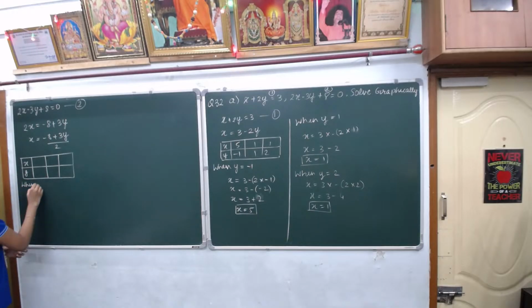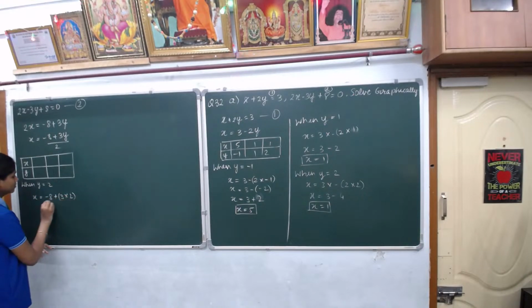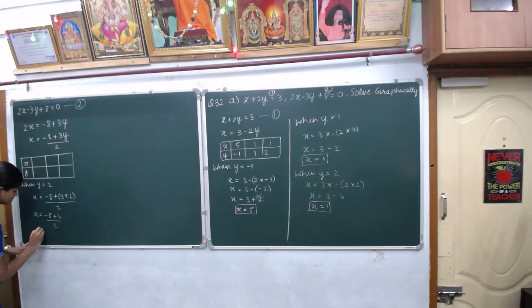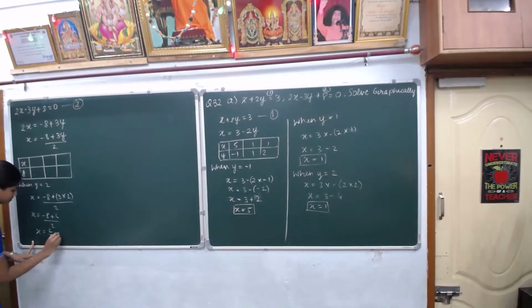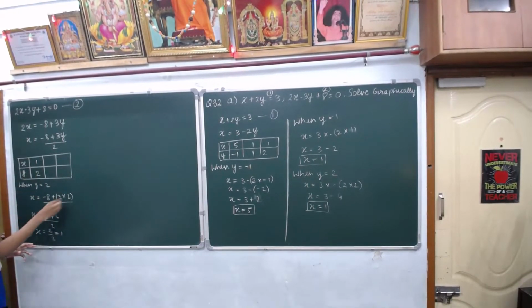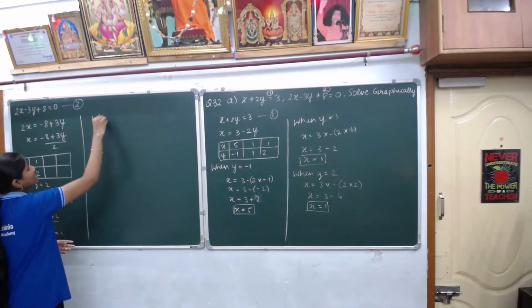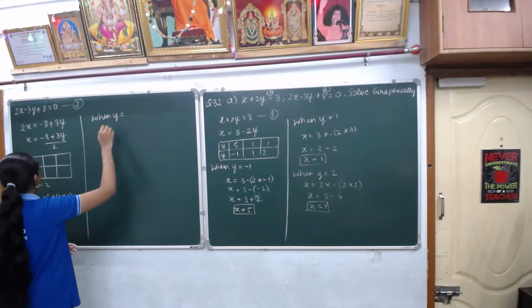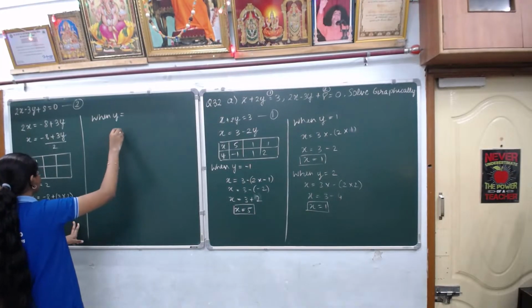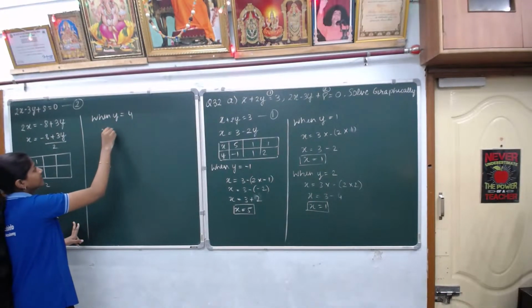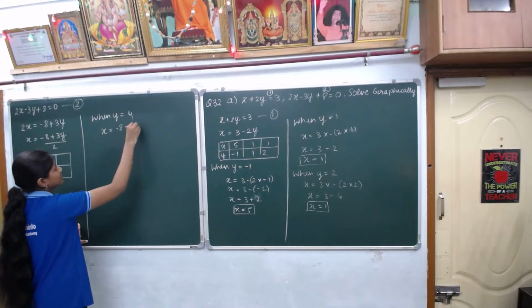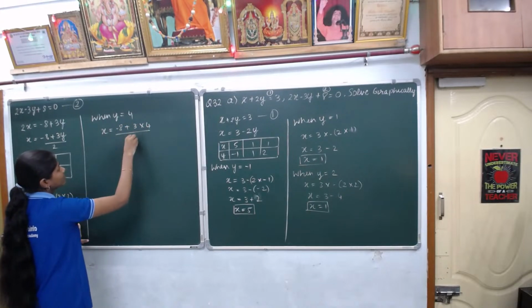When y is equal to 2, then x will be minus 8 plus 3 into 2 by 2, that is minus 8 plus 6 by 2, which is minus 2 by 2, equal to minus 1. When y is equal to 4, then x will be minus 8 plus 3 into 4 by 2.